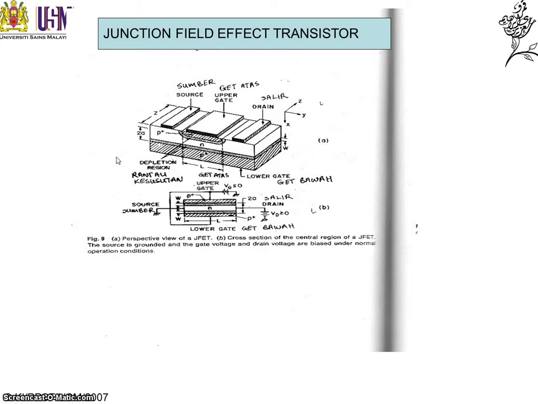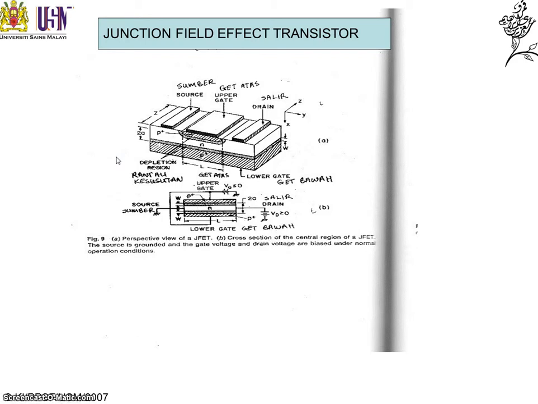The first one that we've covered is the bipolar junction transistor, which uses the injection of minority carriers across a forward bias junction. But here we are discussing the junction field effect transistor, where it depends on control of a junction depletion width under reverse bias.